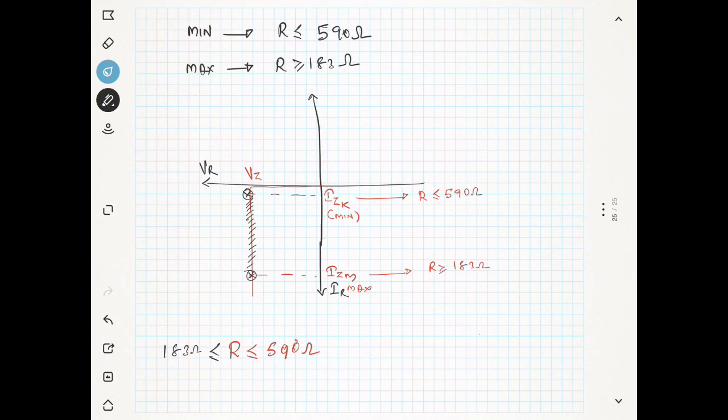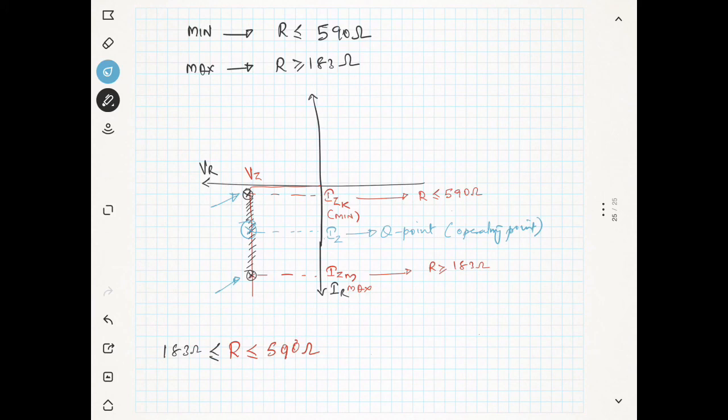If you take the average of this point and this point, you can get somewhere here, right? So this is the good point to choose. This is the Q point, or the operating point, that you can choose.